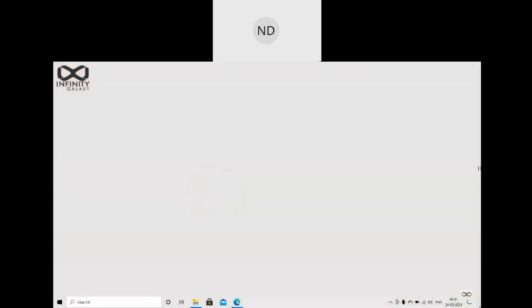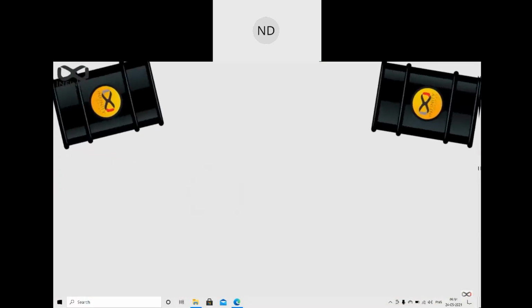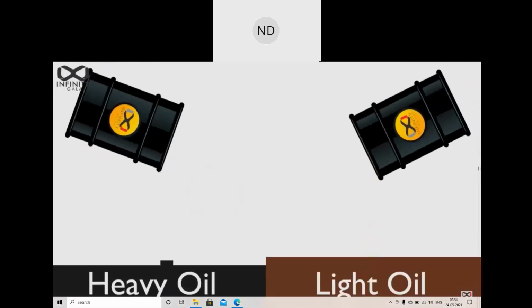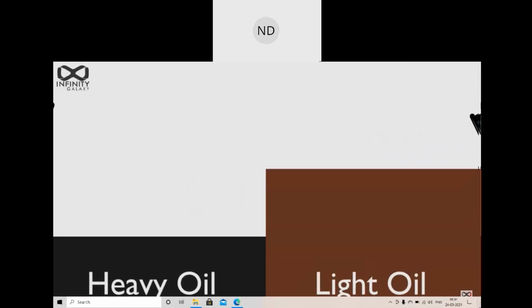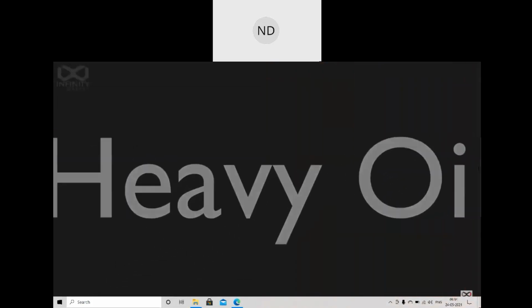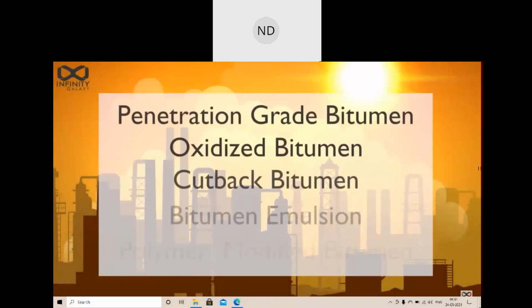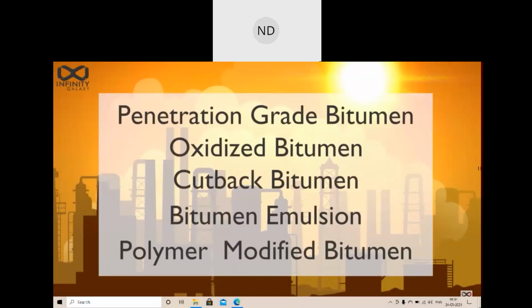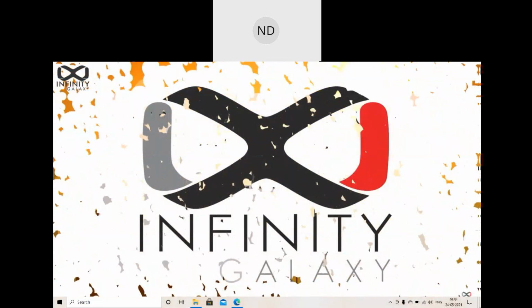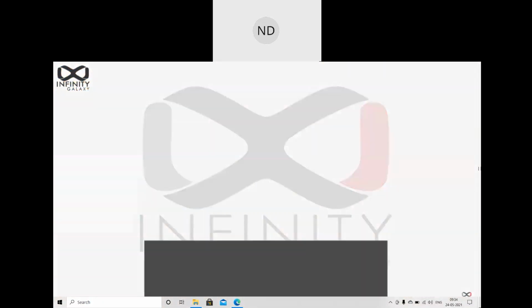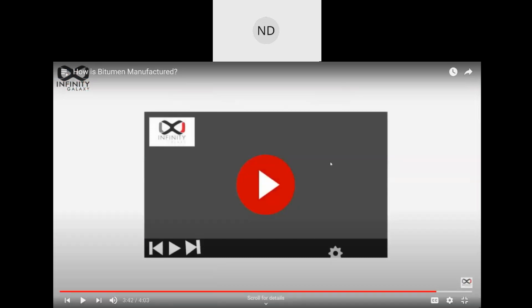According to what we have mentioned, only heavy oil has the capability of producing bitumen. For this reason, light oils are not capable of producing bitumen. There are different types of refinery bitumen. It's good to know how each of these types is made and what differences, applications, and details they have. Stay tuned to get to know more about different types of bitumen.